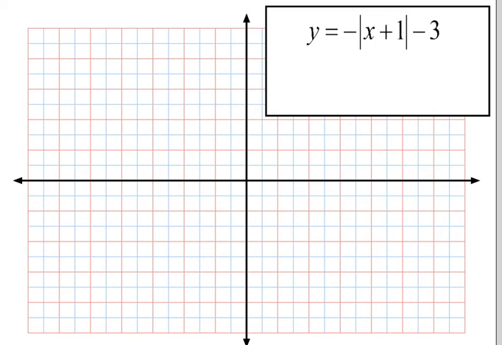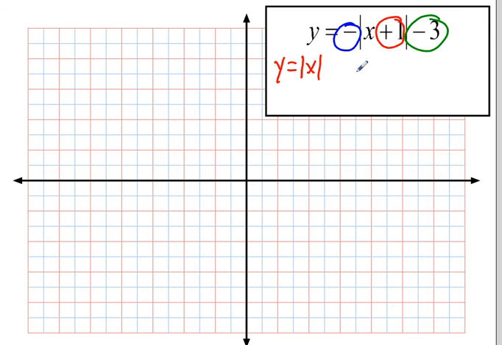In this example, we're going to graph and transform an absolute value function. As I look at my function that is given to me, I notice that we have a few things to keep in mind. We have a plus 1, we have a minus 3, and we also have a negative to consider. If we eliminate all of those pieces from the function, what's left over is just absolute value x.